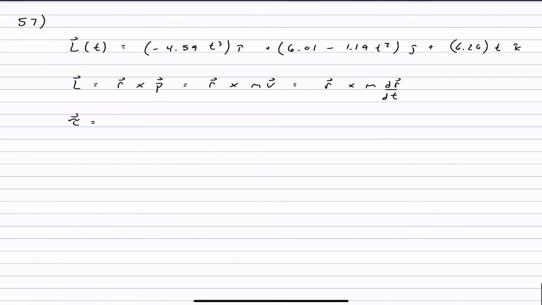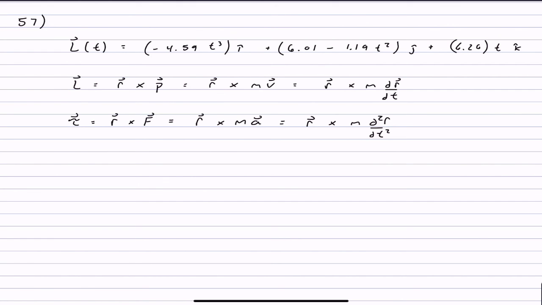We've done this, I think, earlier, I believe. This is going to be a similar relationship, but now we're looking at F. And F is going to be m times a. That's going to be m d squared r dt squared, right?